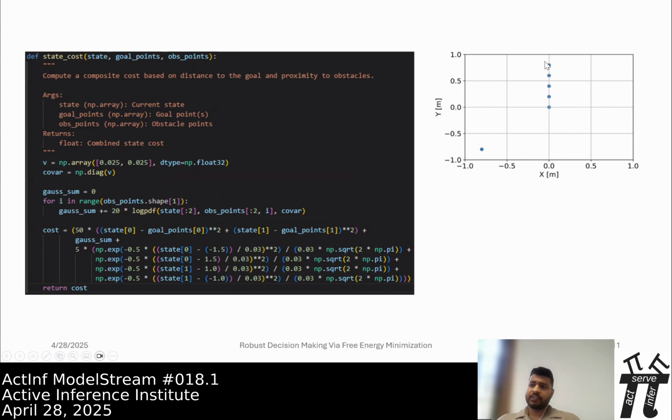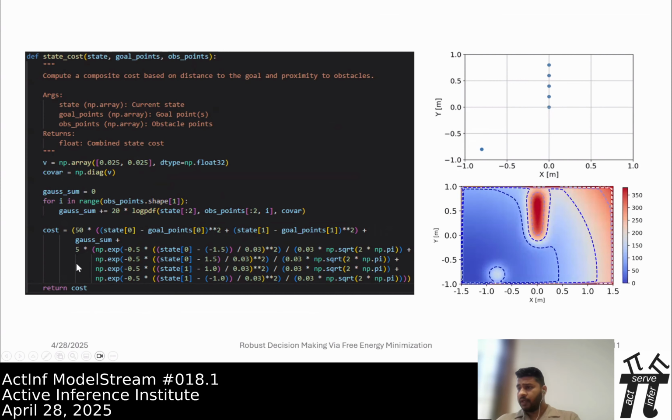This summarizes our cost function. The cost function takes the initial state as an input, the goal points where the robot wants to go, and the obstacle points, and gives out a scalar cost.